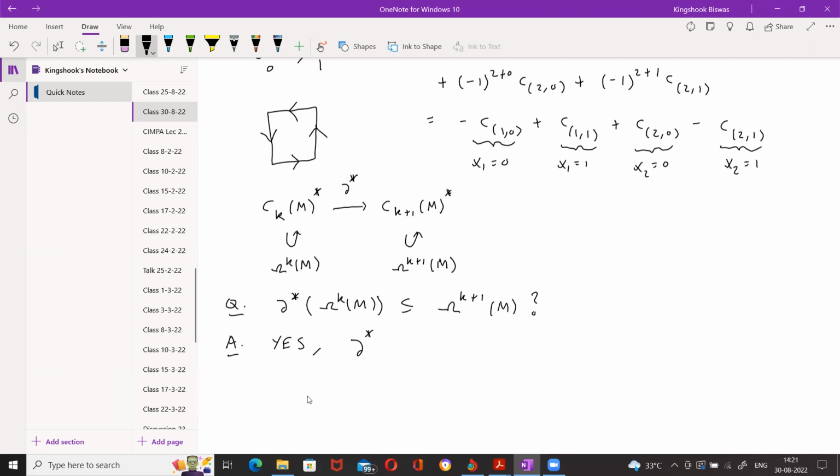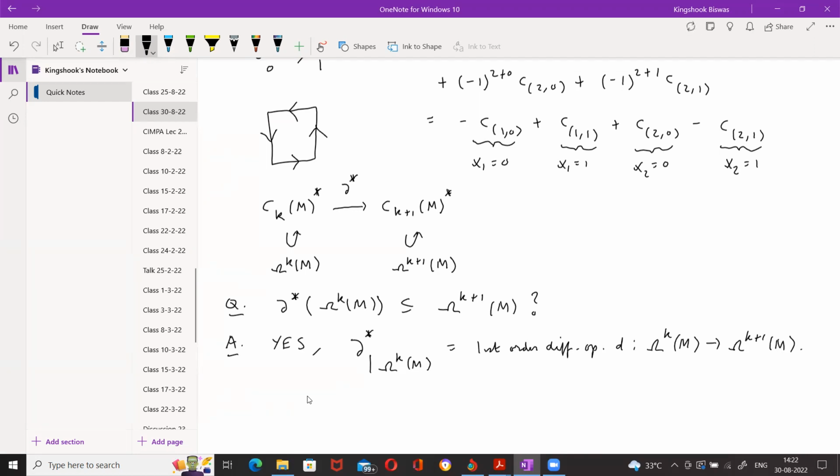The dual of the boundary operator restricted to omega k m is equal to a first order differential operator d from omega k m to omega k plus 1 m.